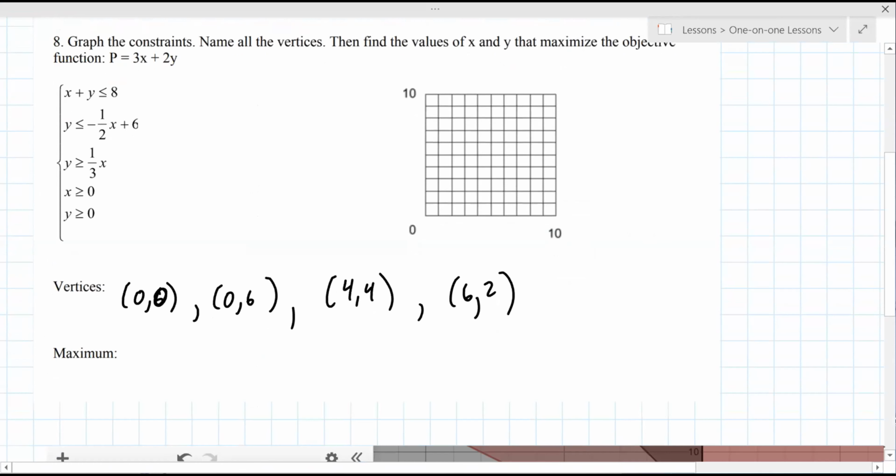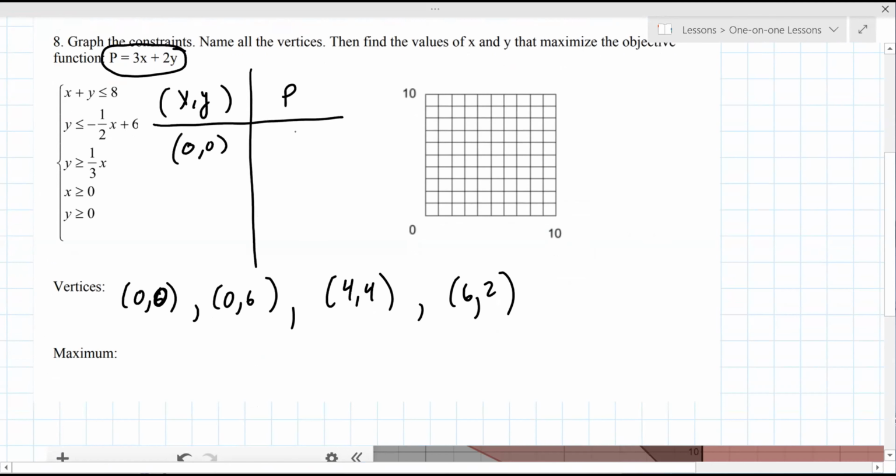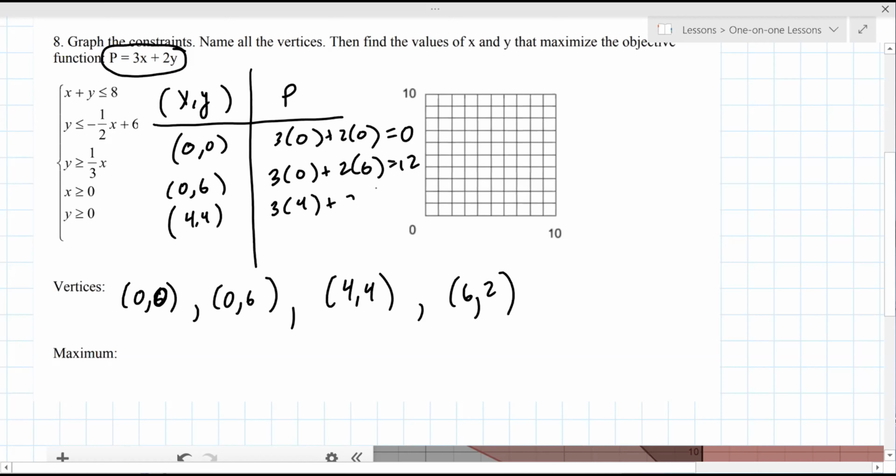I've always made a table. It doesn't work great for this, but you're using this equation right here. And there's actually room. I guess we can do it right here. So it's like the x comma y, and then the value of p. So at 0, 0, it's 3 times 0 plus 2 times 0, which is 0. 0, 6, 3 times 0 plus 2 times 6, which is 12. 4, 4, 3 times 4 plus 2 times 4, 12 plus 8 is 20.